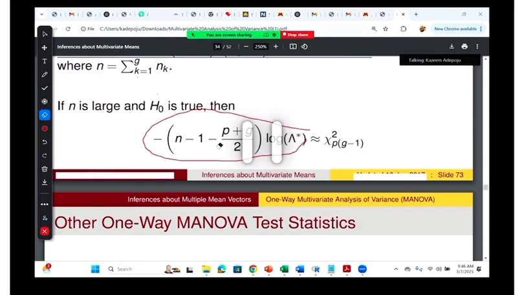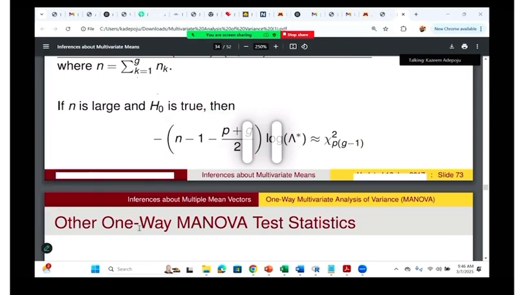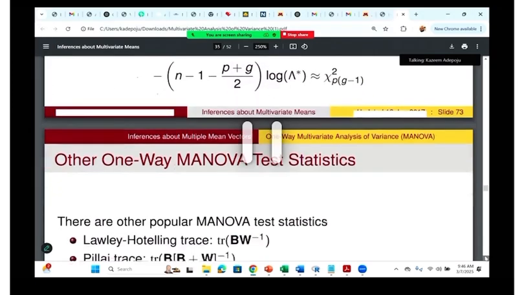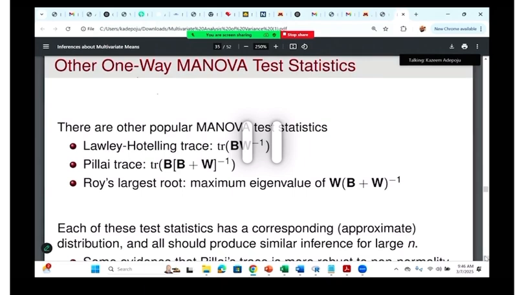So we have other one-way MANOVA tests, like I told you the other time, apart from Wilks. We have the Hotelling-Lawley trace, Pillai trace, and Roy's largest root. All of them depend on B and W, which are the sum of squares products between and within.